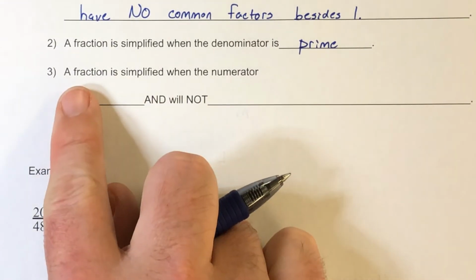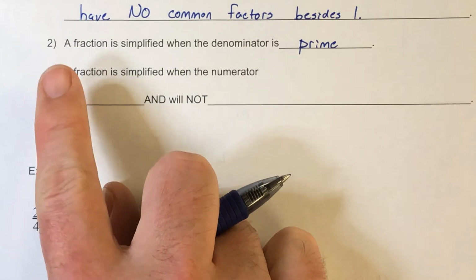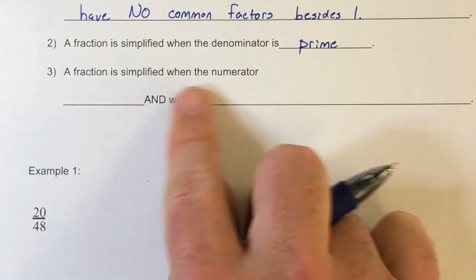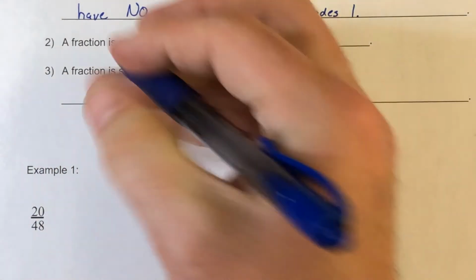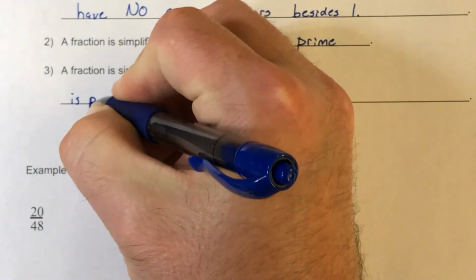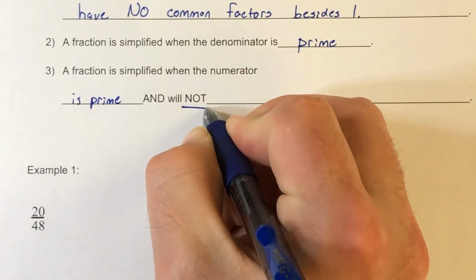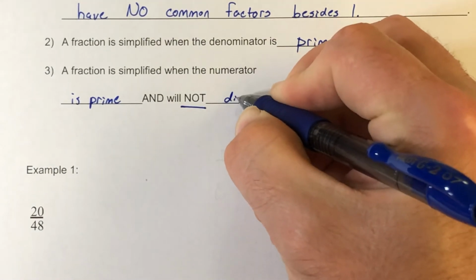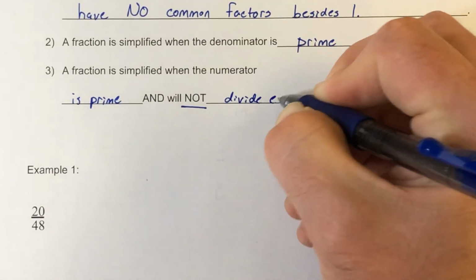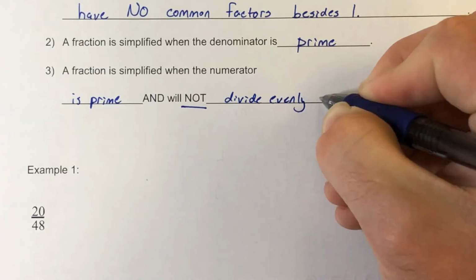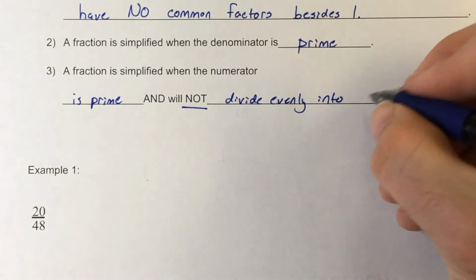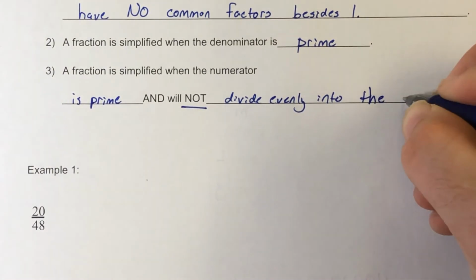Our third rule that we need to be aware of is a fraction is simplified when the numerator is prime and will not divide evenly into the denominator.